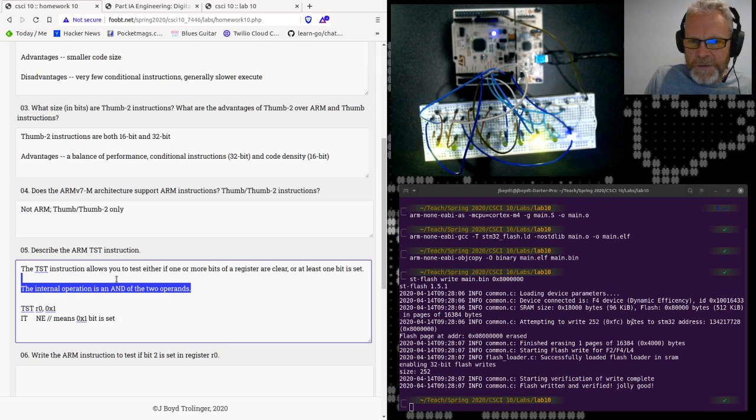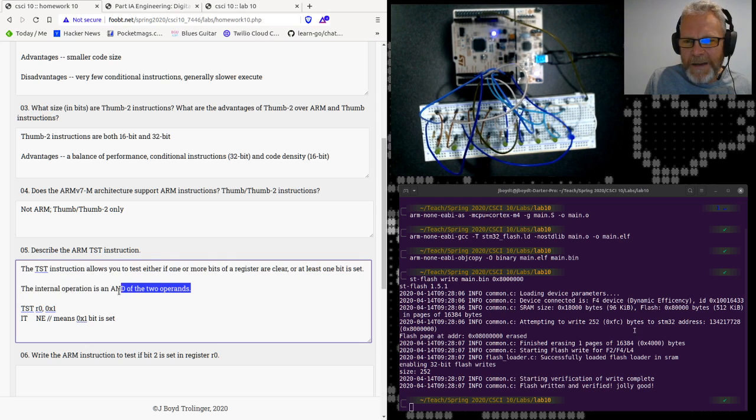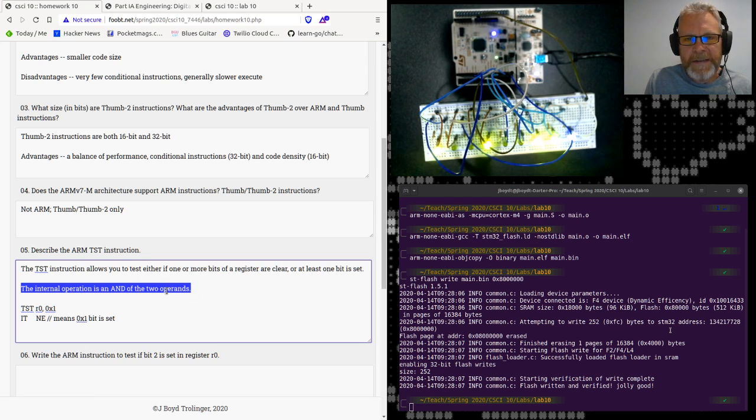The answer is actually these first two parts. So the test instruction allows you to check to see if one or more bits is either set or not set. That's it. The actual math or logic that it performs internally is an AND instruction.